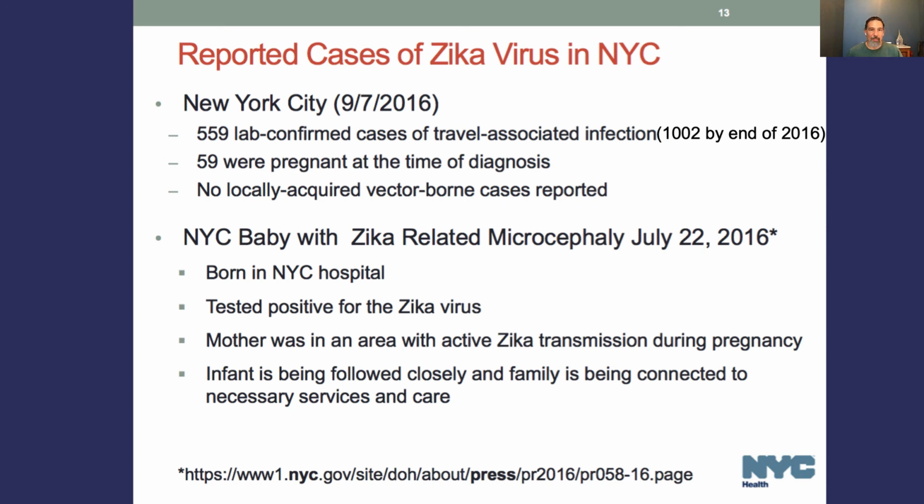There was one New York City baby with Zika-related microcephaly that was born in July of 2016, who tested positive for the Zika virus, and the mother had been in an area of active Zika transmission during pregnancy.